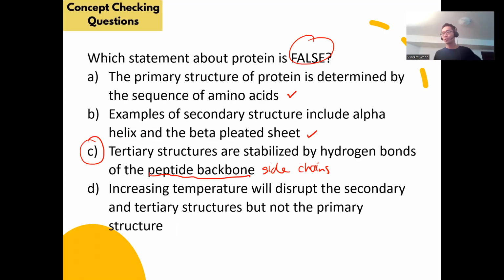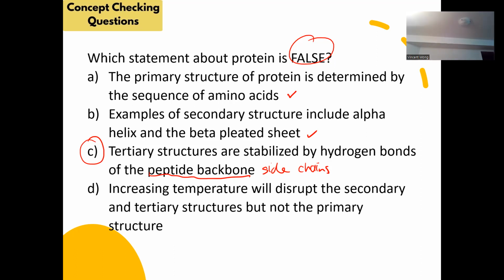I literally just told you this two slides ago. I said if you increase the temperature, you will unravel the protein, but the covalent bond, the primary structure, is still going to be intact. To break the peptide bond, you need to do hydrolysis. Temperature alone is not gonna do it. Do you guys understand?